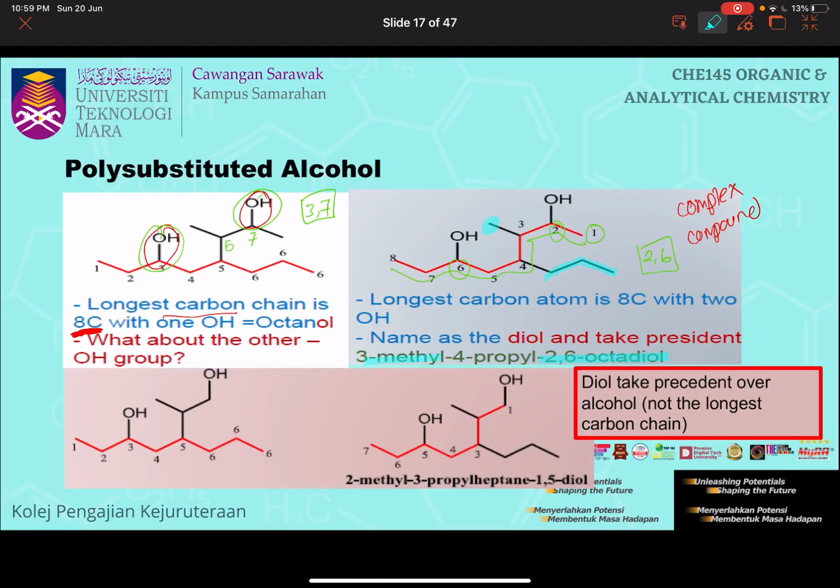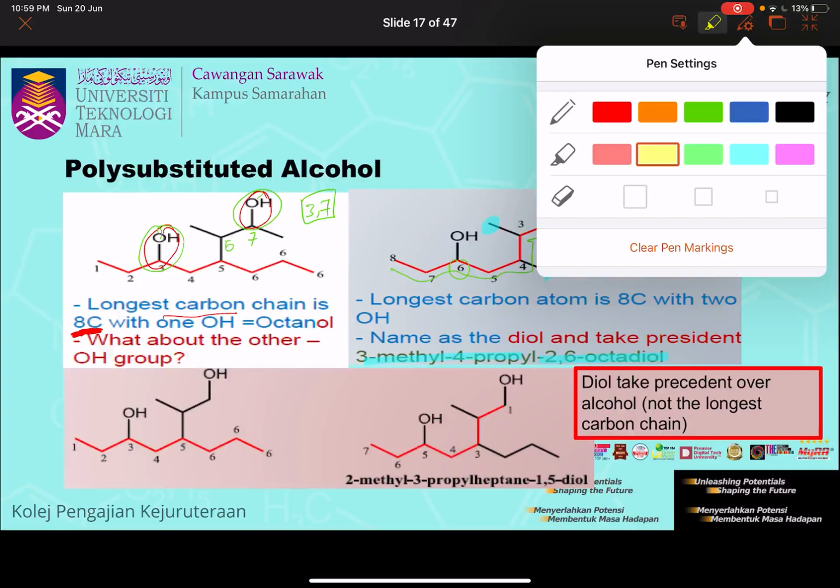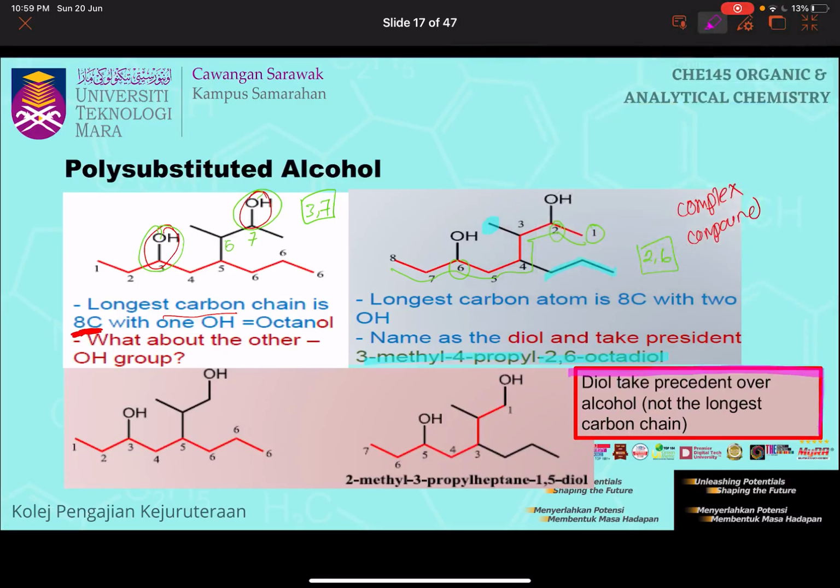The same goes for the example here. The highlight is this particular box, which tells you that diol takes precedence over alcohol, not the longest carbon chain. For naming, you have to make sure the longest chain contains both hydroxyl groups.